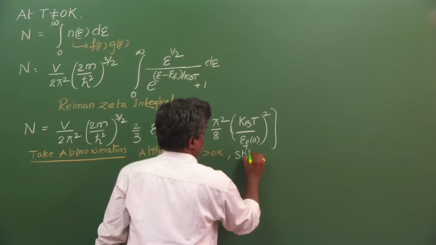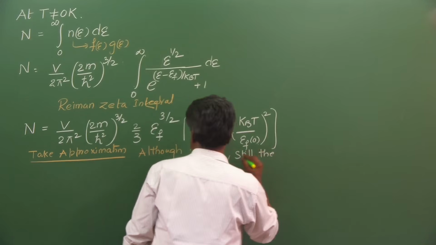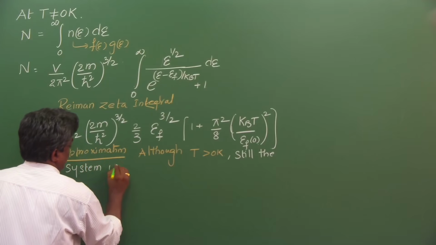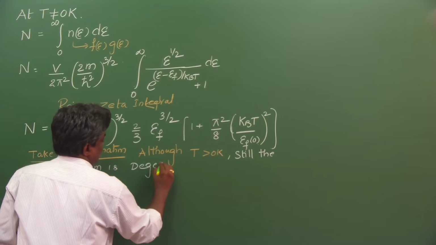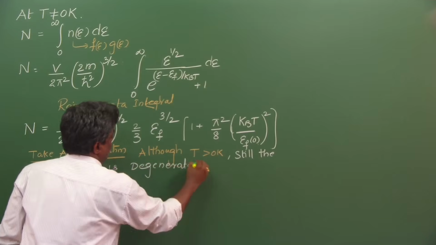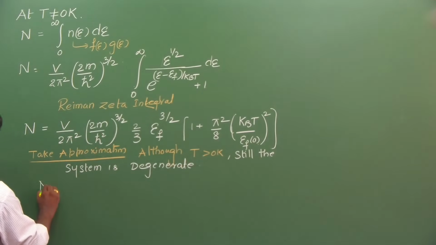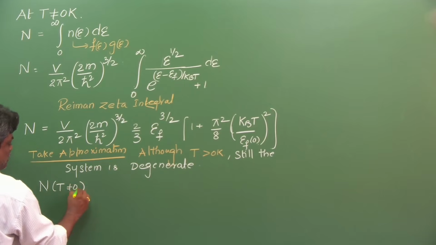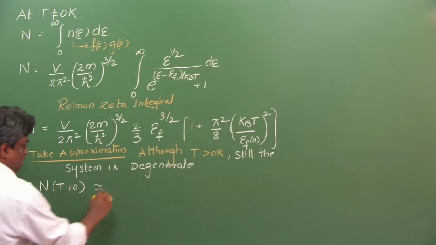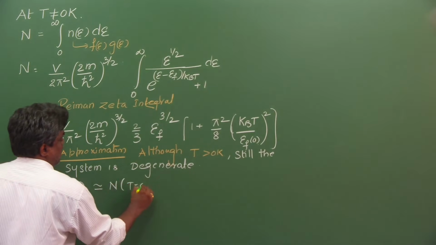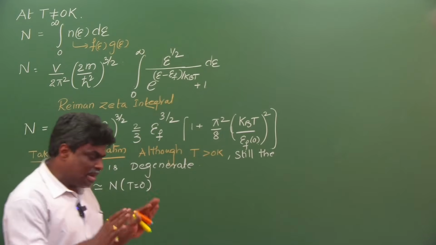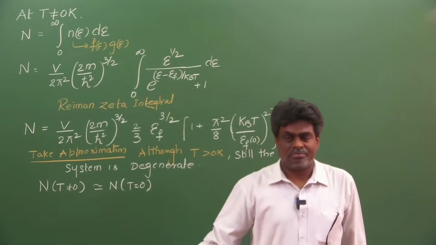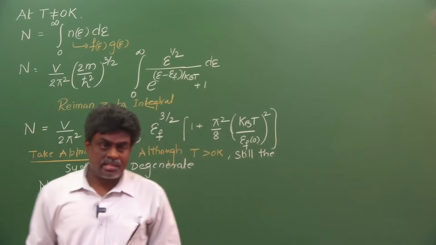Still the system is degenerate. That's why you can assume like this. What is that approximation? N at T not equal to 0 is nearly equal to N at T equal to 0. The similar kind of approximation we will take in Bose-Einstein condensation also. There also we will take the same thing.